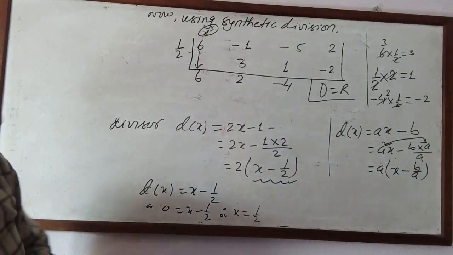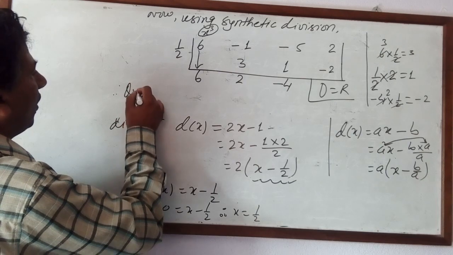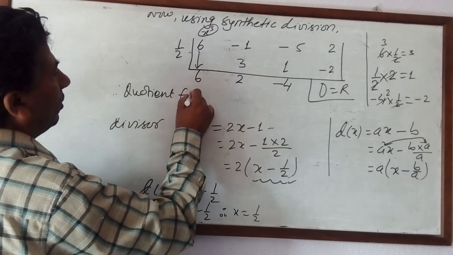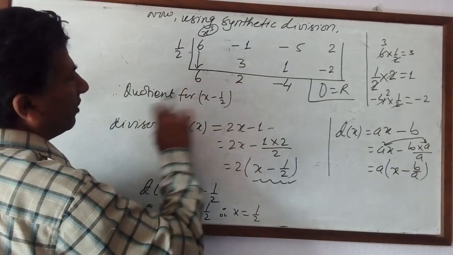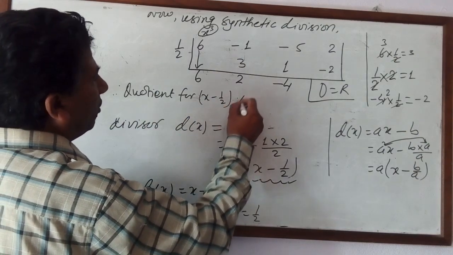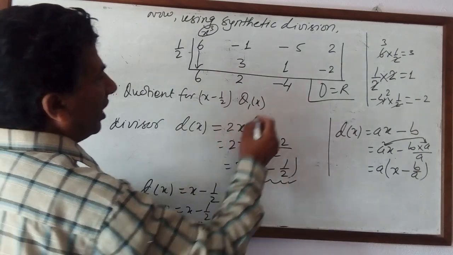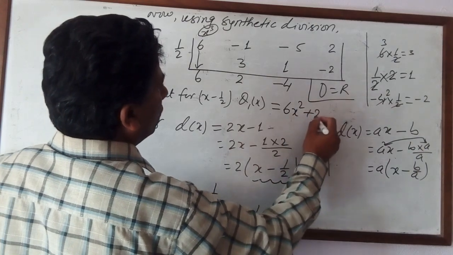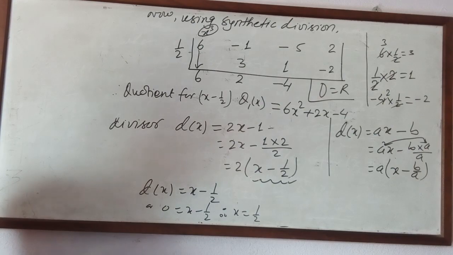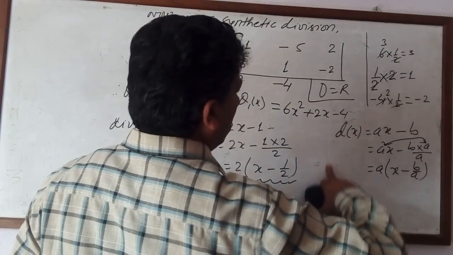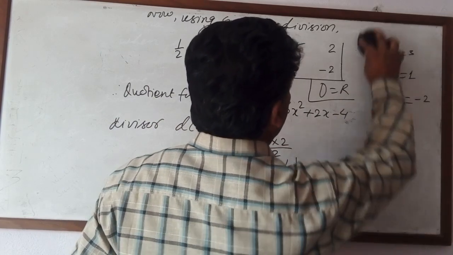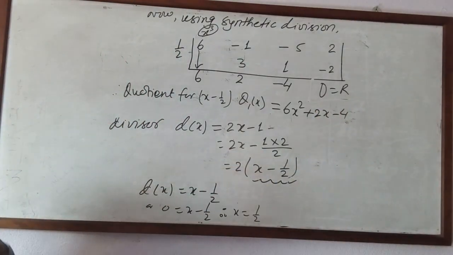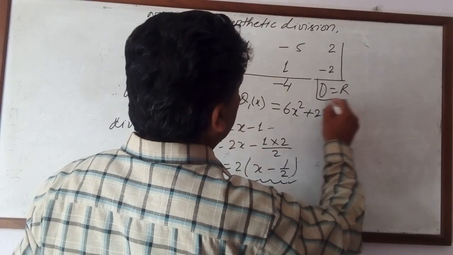Therefore the quotient for x minus 1 by 2, I'll write Q1(x) equal to 6x square plus 2x minus 4. Now this one is the remainder.